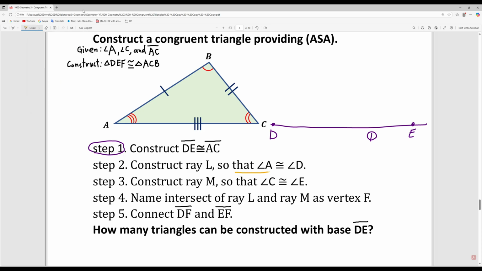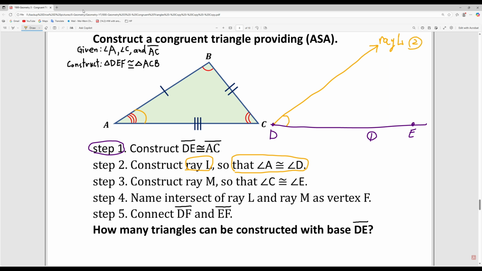And then step 2. We want to construct angle A equals to angle D. So we construct a ray L. So this angle D equals to angle A. So this is step 2.